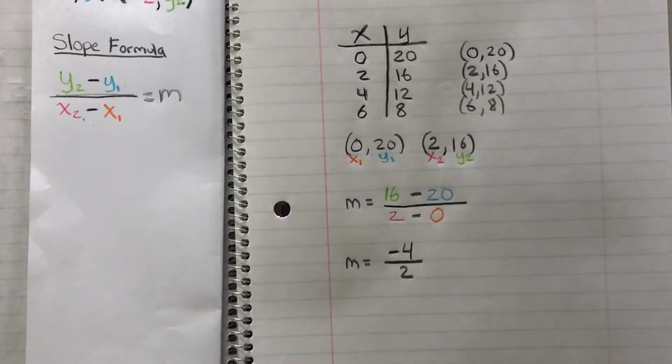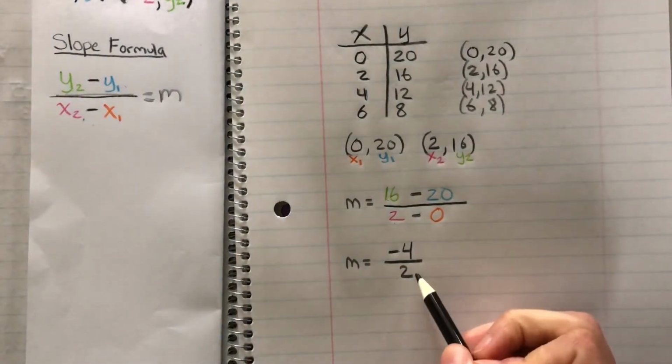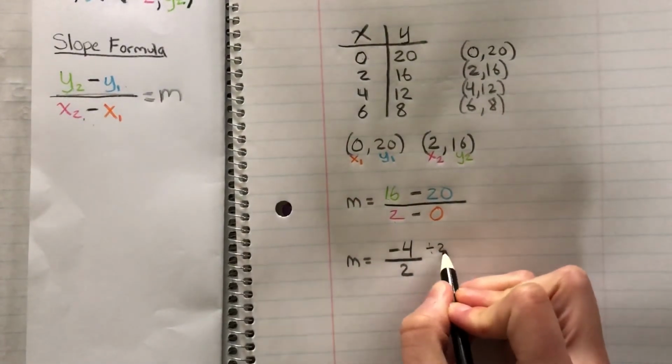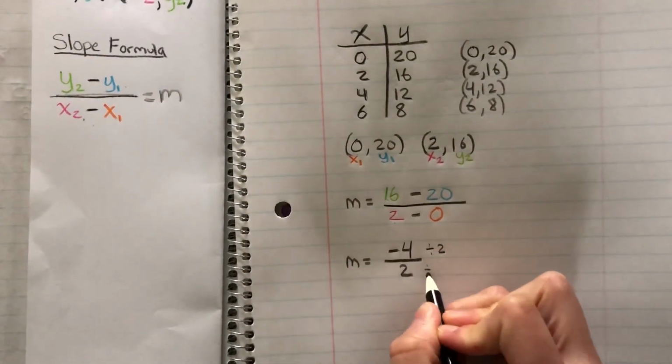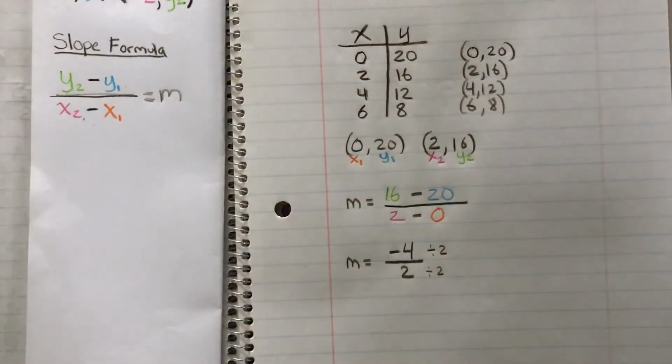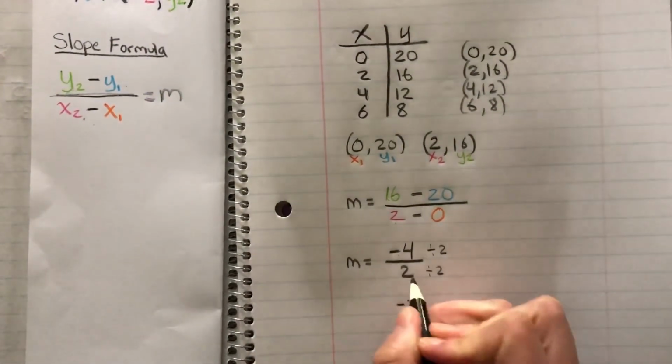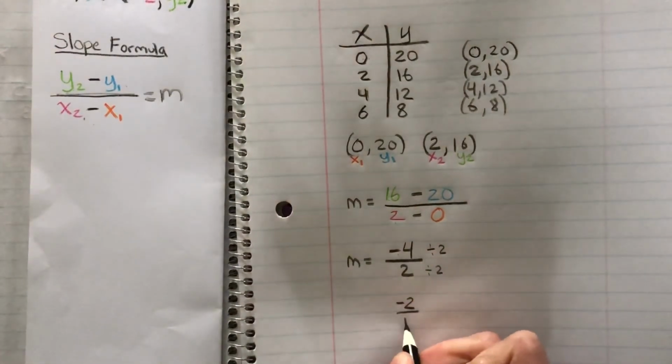But when I look at this fraction, I can see that it can be simplified. And so negative 4 over 2, our numerator and our denominator have a common factor of 2. So I can divide both the top of my fraction and the bottom of my fraction by 2 to keep it equivalent. So negative 4 divided by 2 is negative 2, and 2 divided by 2 is 1.